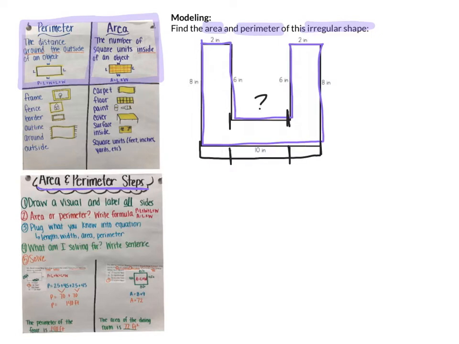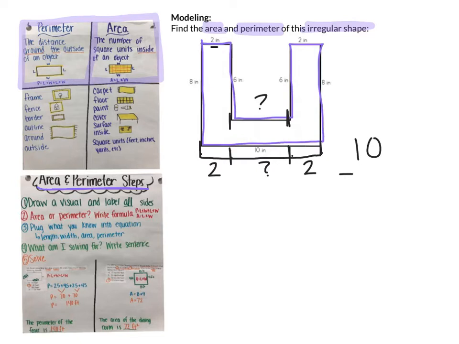If I look above here, I know that from here to here, we've got 2 inches. Same for over here. From here to here, we've got 2 inches. And this is our missing part. If I know the whole length is 10, I can take away these 2 side lengths.